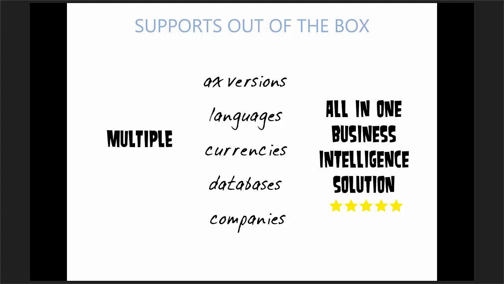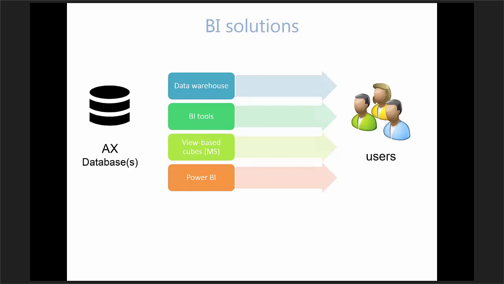So it's not uncommon that we are joining versions 2009 and AX 2012, any of them together, into one data warehouse because of our scripts that support coexisting different AX versions. This is a unique feature.